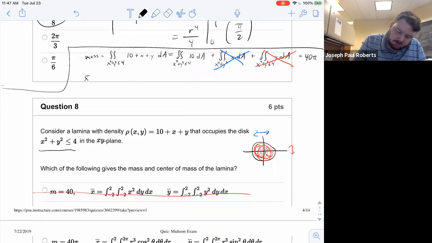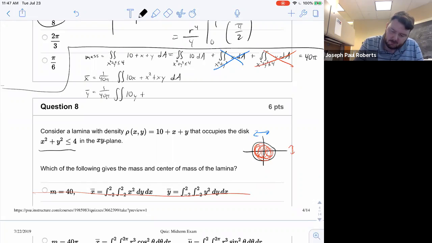And then that tells us that x bar and y bar are 1 over the mass times the same integral, but x bar has an extra factor of x, and y bar has an extra factor of y. And remember, don't forget to divide by the mass.